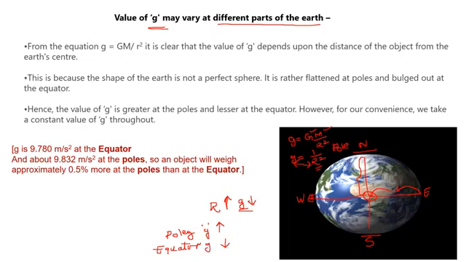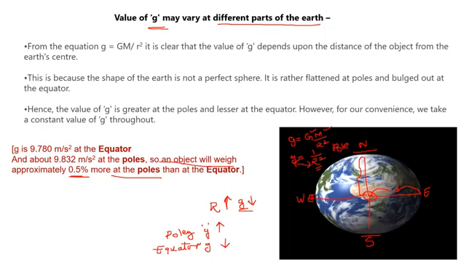Over here you can see at the equator it is 9.780 meter per second square, whereas at the pole it is 9.832 meter per second square. So definitely the weight of an object will be approximately 0.5% more at the pole, because the gravitational pull is more at the poles.